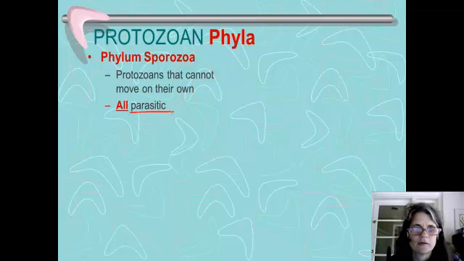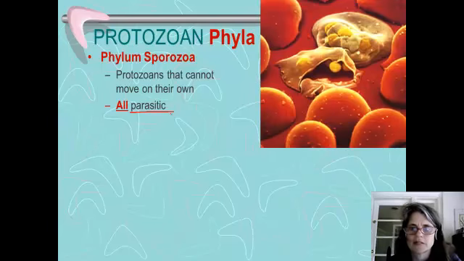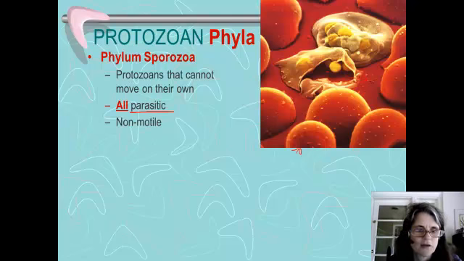Every last one. All Sporozoa are parasites. And here again we see red blood cells, and we see a nasty infection in which red blood cells have been occupied by the parasite here, a sporozoan, and they are burst, and the parasite is getting ready to come out to infect some more cells.